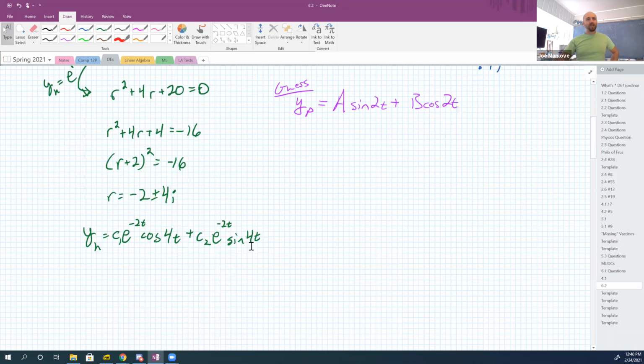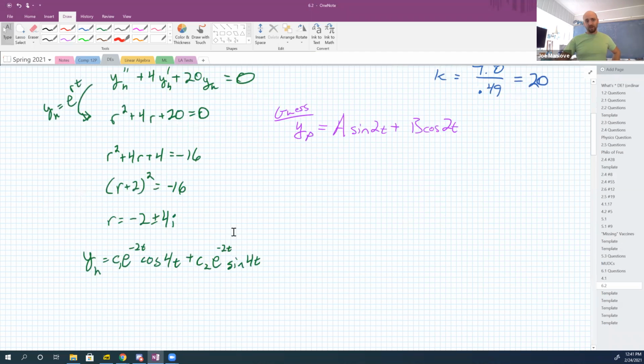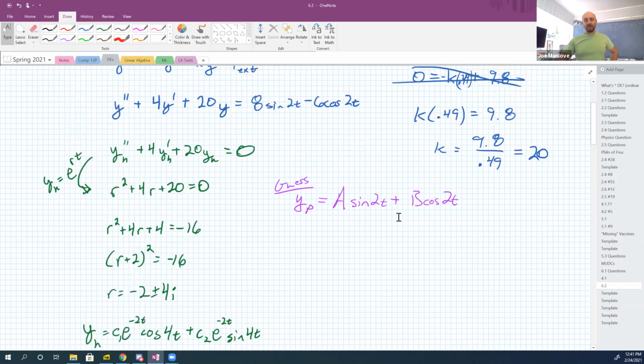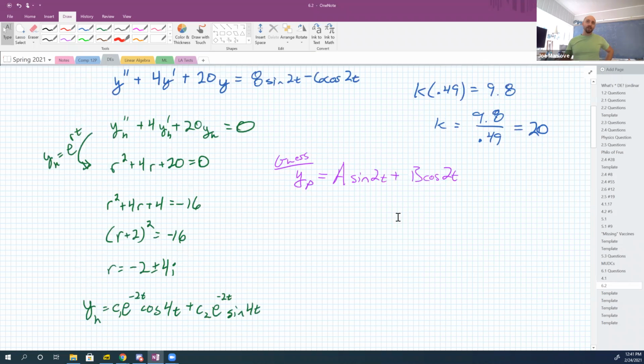These are cosines and sines of 4t, not of 2t, and they also have this exponential piece attached to them. So I'm not worried about running into those. What would happen if they were the same? They would all cancel out. Yeah, they'd all drop off and I'd have wasted my time. So I know that at least I'm not going to waste my time doing this.